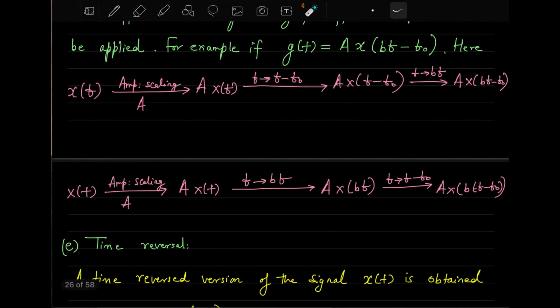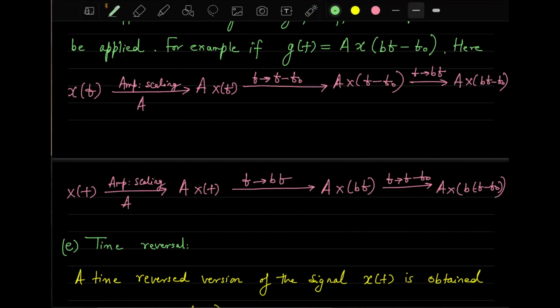So if you do the other way around, that is, if you scale first followed by shifting, you will get something like this. As you can see, if you scale by b t, then it will become a x(bt), and then when you do a time shift operation on this, it will become b of (t minus t naught).